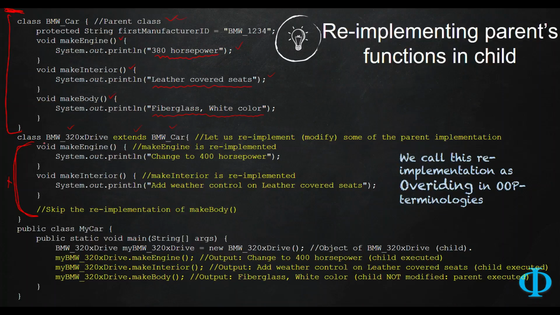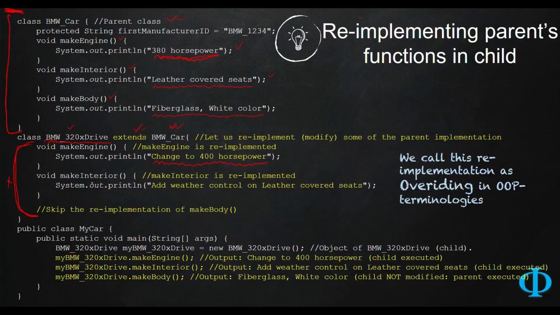So here let us consider another model, or let's say a little bit high-end model called BMW 320X drive, which is again extending the general purpose BMW car. But this time, since it is a little bit high-end model, it added some extra feature on the engine. Instead of 380 horsepower in the default BMW car, it changed it to 400 horsepower.